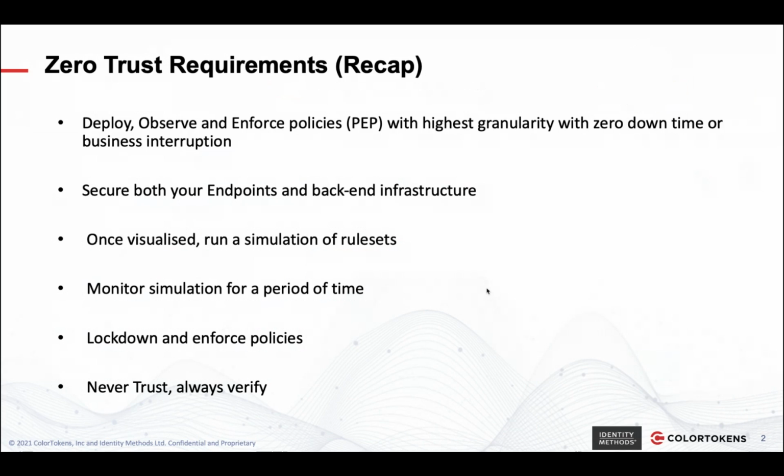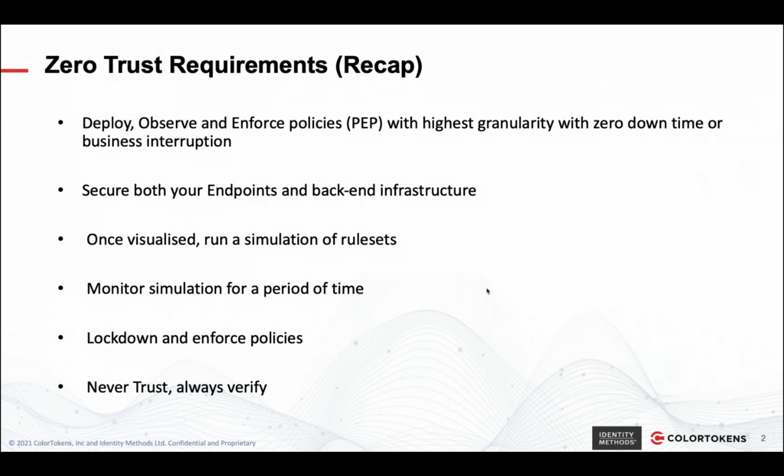We need to be able to go through a process of first, as we described last week, visualizing what the access perimeter looks like within your infrastructure, but we equally need to be able to simulate any rule sets that we create. And the reason for all that purpose is effectively to make sure that we don't do any harm when we go about potentially restricting access to certain workloads or their capability.